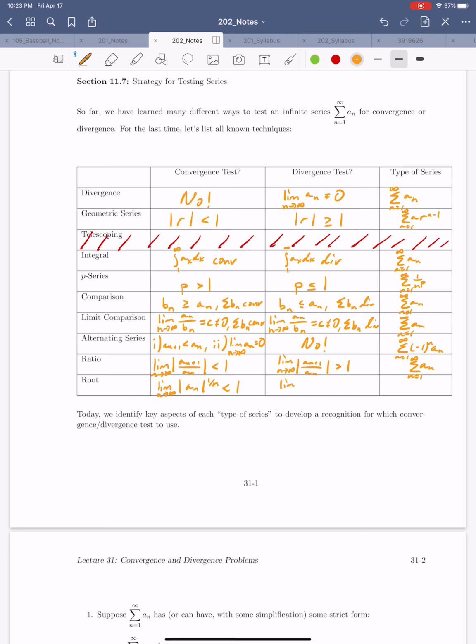Whereas we have a divergent series if we take the limit as n approaches infinity of the absolute value of the nth root of a_n, and we get something greater than 1. Those are all the tests we know, and that's a rough sketch of when they test for convergence, when they test for divergence.